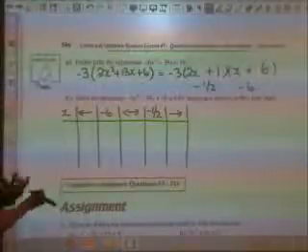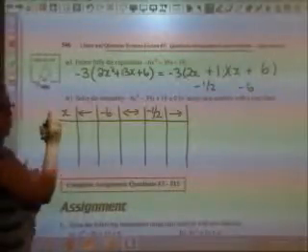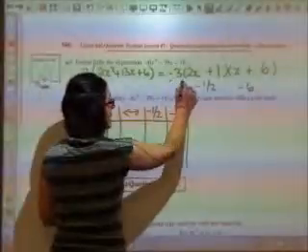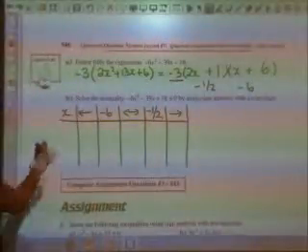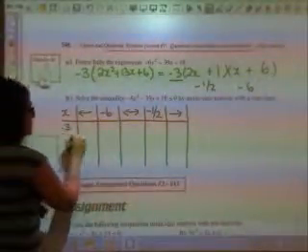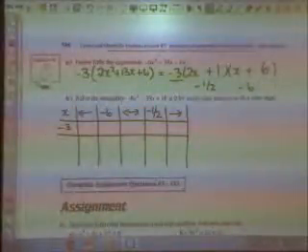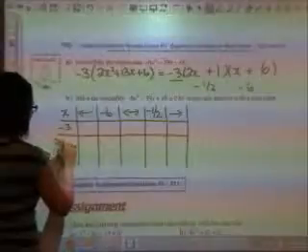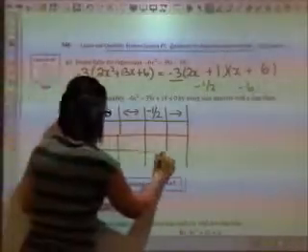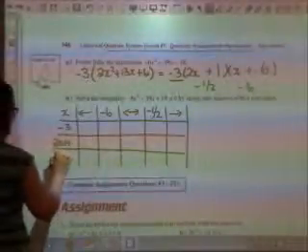Then I put in what my factors are. Because in a sense I do have 3 factors, that -3 is a factor. It has to be included in that chart. And then I need the 2x plus 1 and the x plus 6.